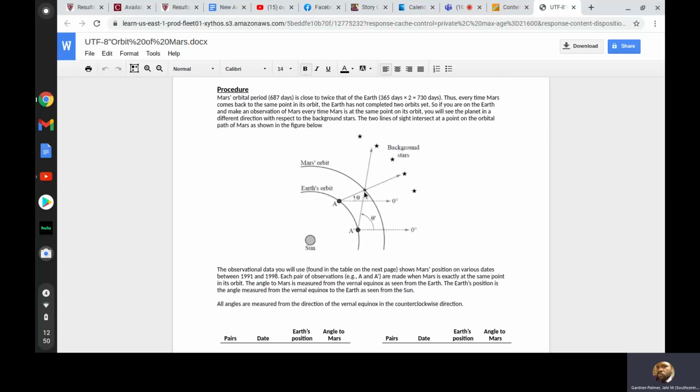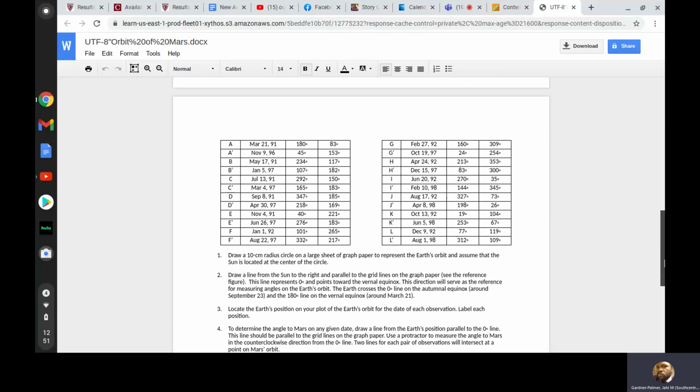So its relative position in the sky is due to Earth's position in its orbit. So we're going to have a straight line from here and a straight line from here, and they're going to intersect at some point. And the point at which they intersect, that's where we're going to place our dot for Mars. Okay. And of course, again, you'll notice you'll have two sets for each observation.